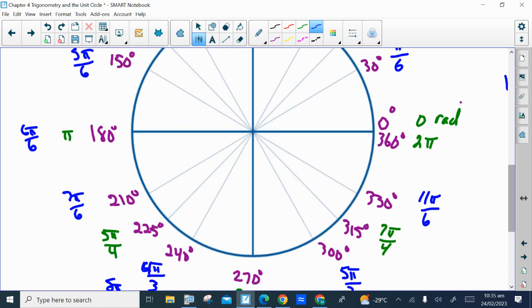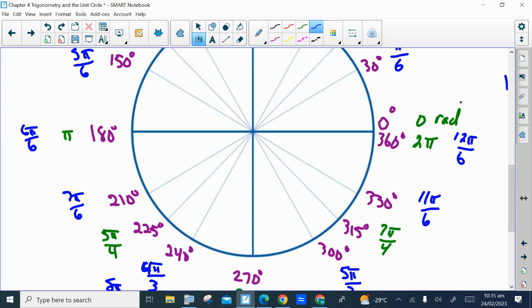And one more pi on 6 past 11 would be one more 30 degrees past 330, takes us to 360. That is 12 pi on 6s, which reduces to 2 pi. Okay? So that's how we go around the circle in terms of degrees as well as radians.